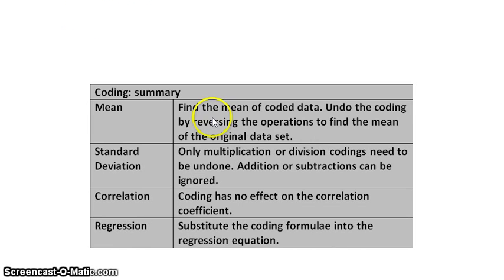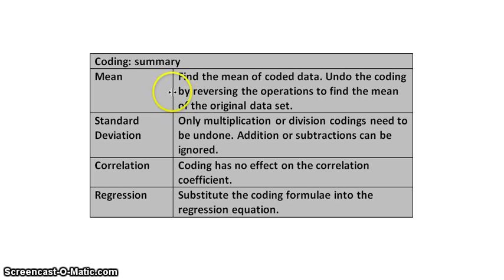And that's it. Now, if you've watched the first video as well on coding, here's a summary of the 4 things that we've looked at. For the mean, if you're finding the mean of the coded data, what you can do is undo the coding by reversing the operations, and that will give you the mean of the original data set.